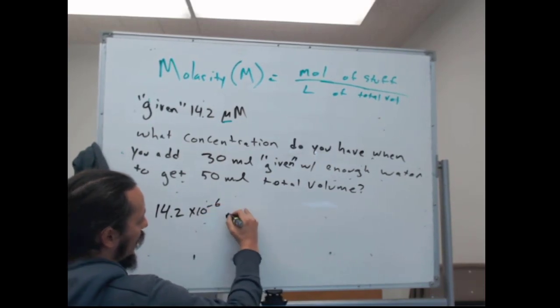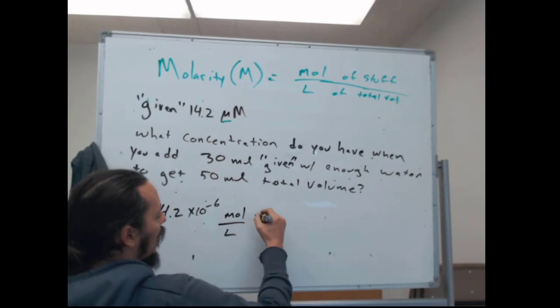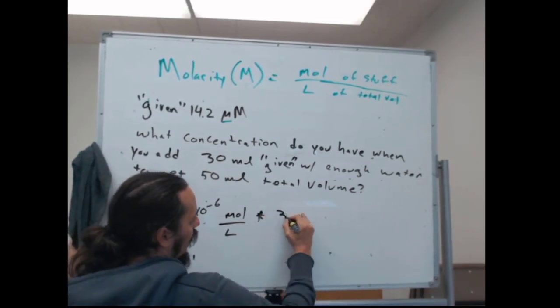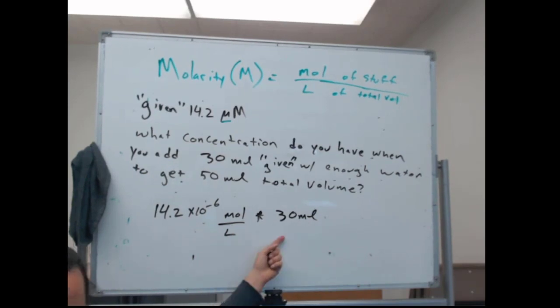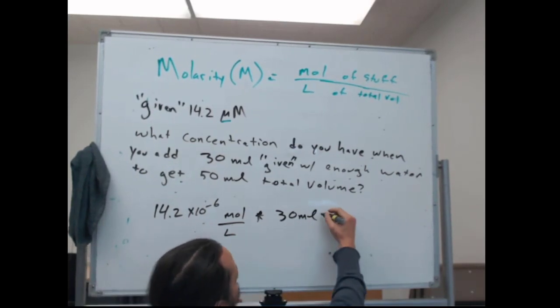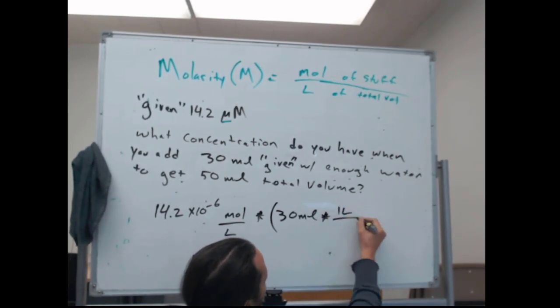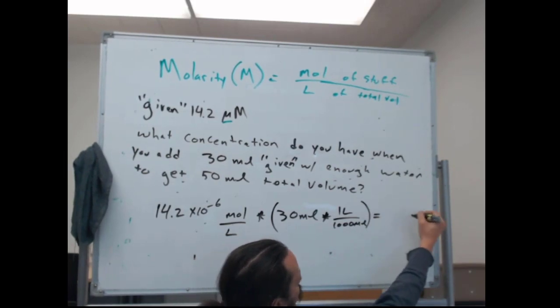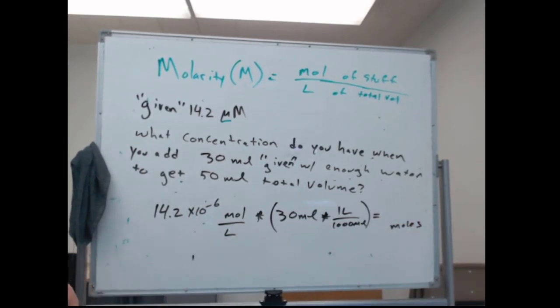So that's going to be 14.2 times 10 to the minus 6 moles of yellow dye molecules per liter of solution, where we are using 30 milliliters. We want our units to match, so we're going to go ahead and convert that 30 milliliters to liters by dividing by 1,000. This will get us the number of moles of yellow dye molecules we must have.